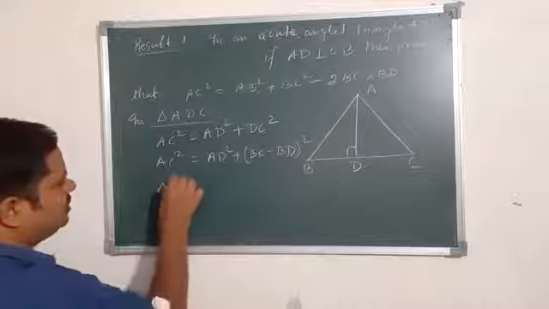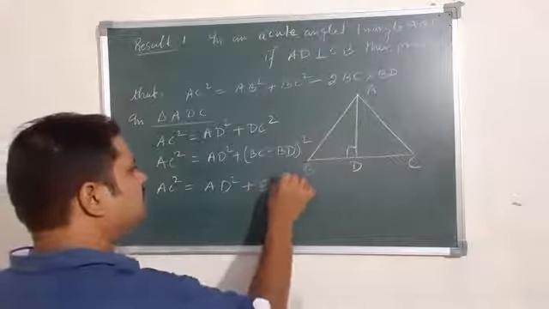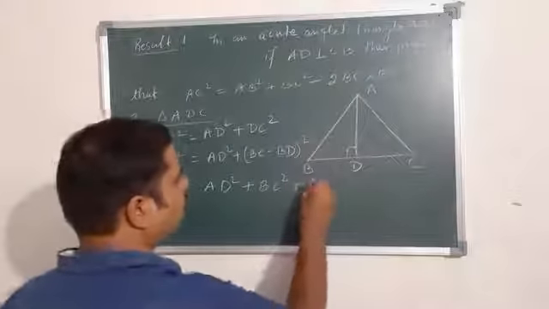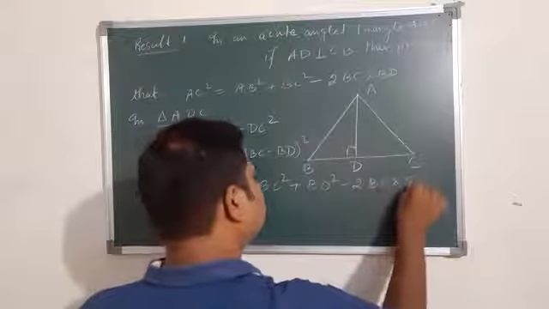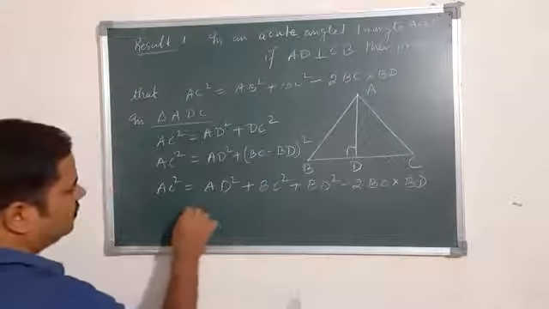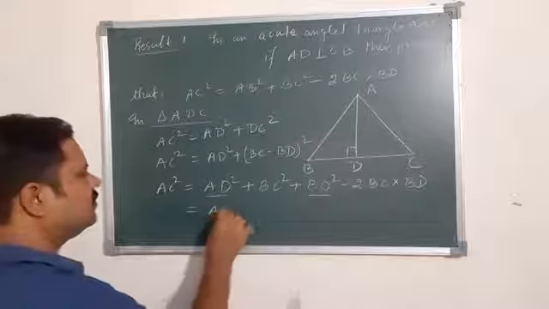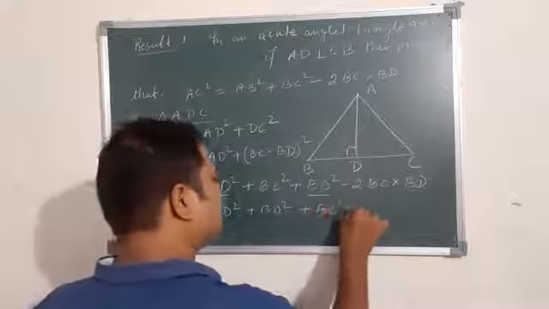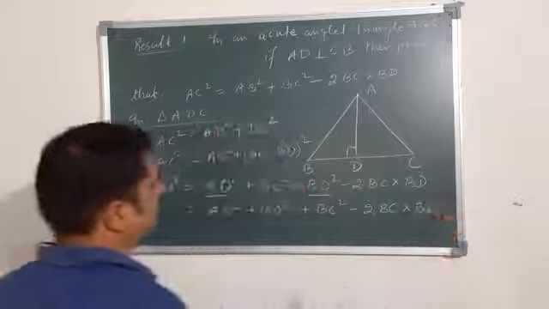So AC square is equal to AD square plus BC square plus BD square minus 2BC into BD.